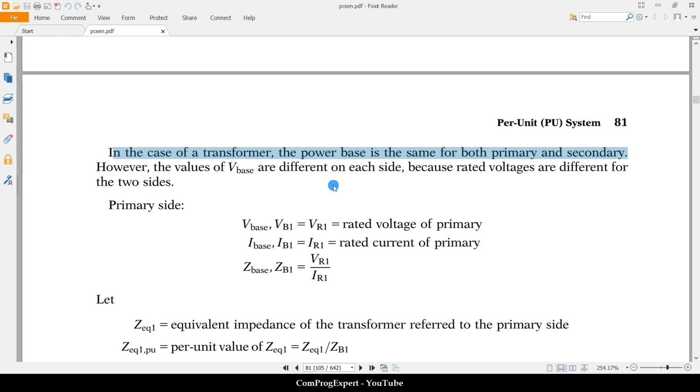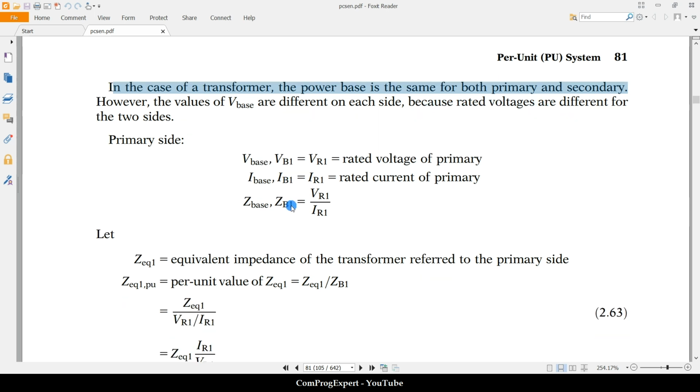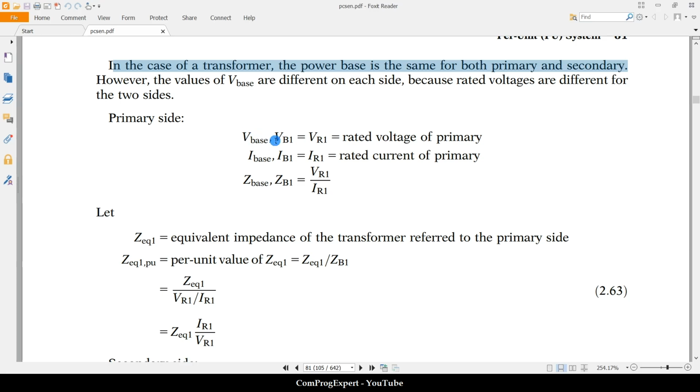However, the values for V base are different on each side because rated voltages are different. So here, this is the value of the V base for the primary, and this is the value of the I base, the rated current for the primary.